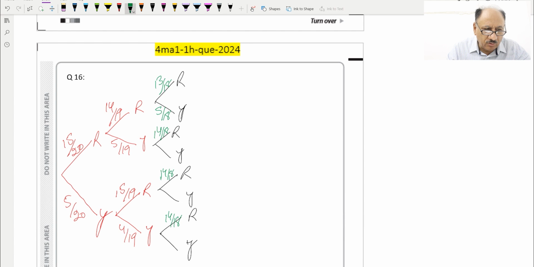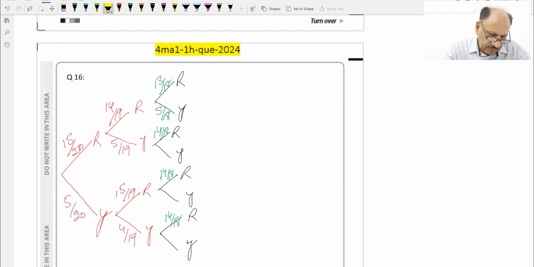They are saying work out the probability that Fred takes at least one sweet of each color from the box. So we are interested in red and yellow, at least one, right? We are interested in the probability that Fred takes at least one sweet of each color.